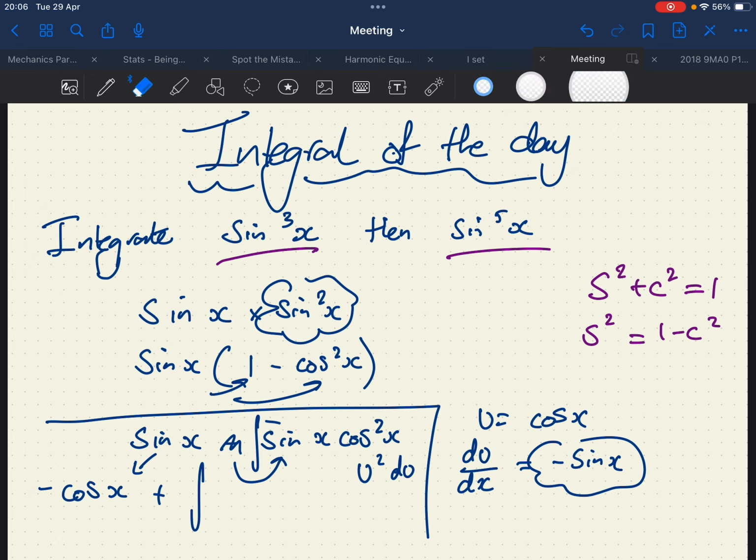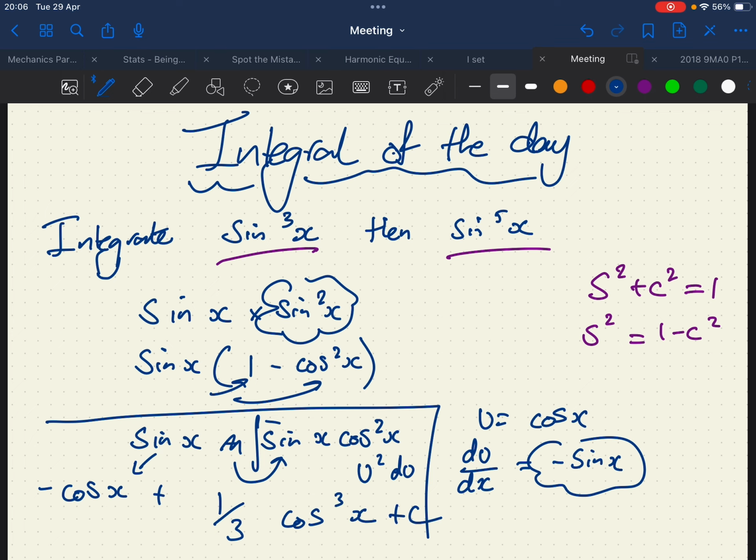And in a nutshell, the whole integral will be a third cos cubed x plus c for that bit there. And if you just test it for yourself, you'll see that it works. The third and the 3 cancel each other out. The power goes down from a 3 to a 2. And cos differentiates to minus sine, which takes care of this one here.